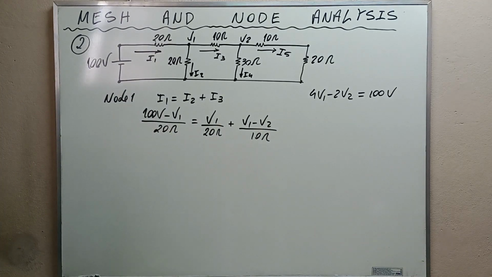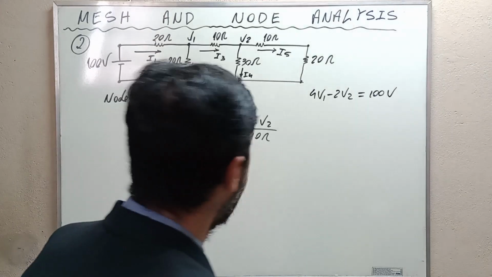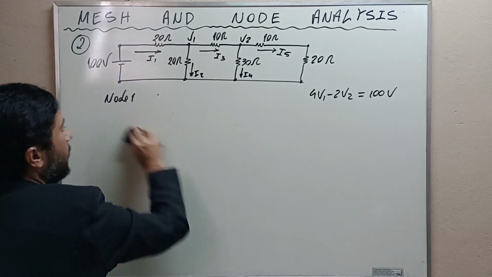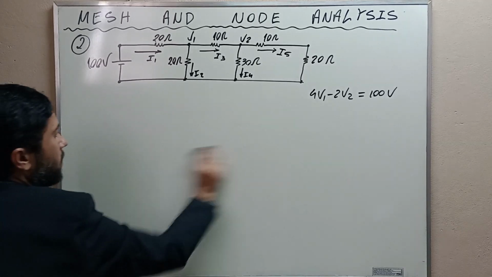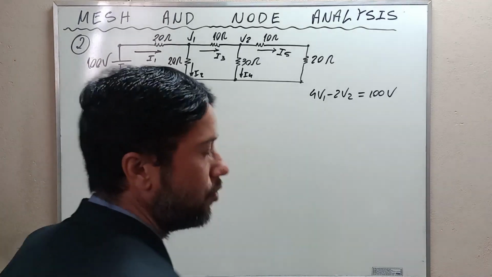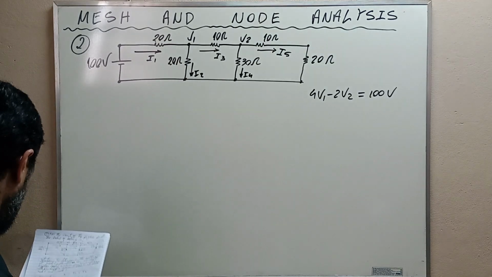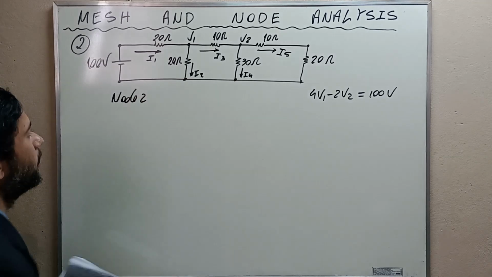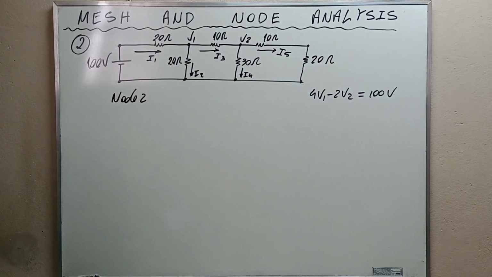Now we are going to do the same for node 2. Let me clear the board because I will need space here. The same analysis now for node 2. What is the current that enters node 2? It is I3.